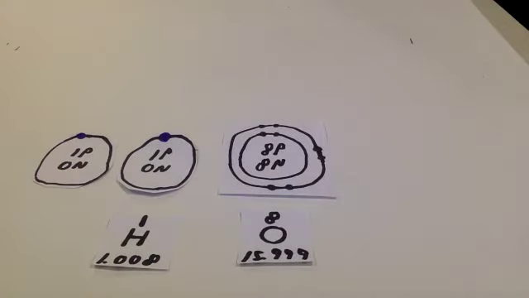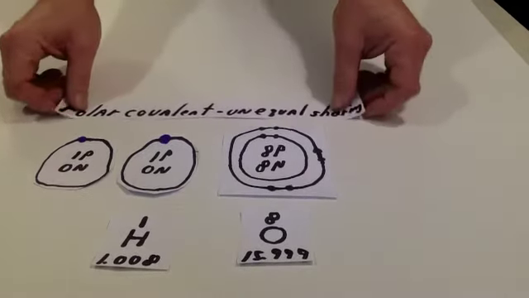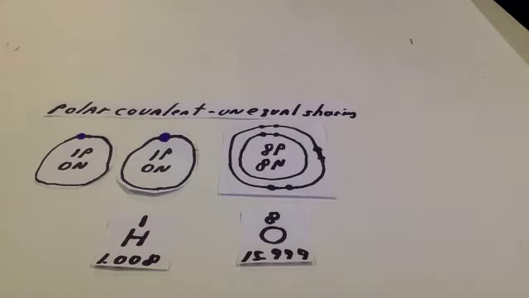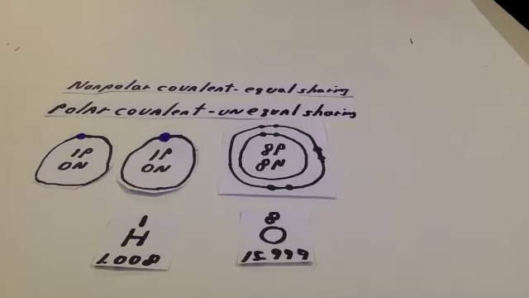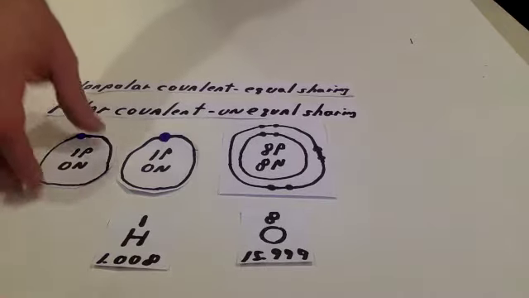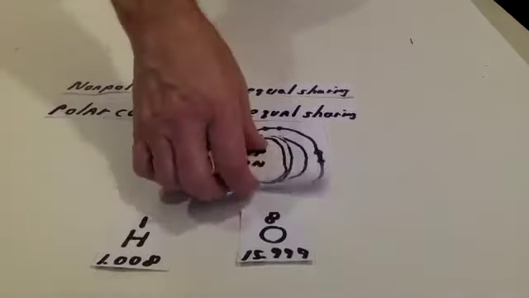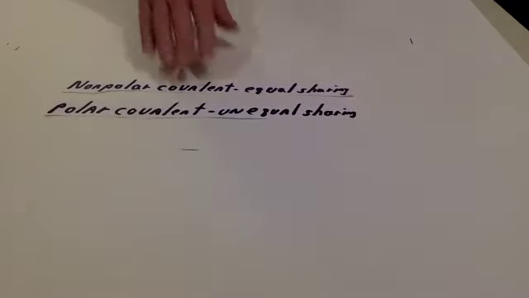Will it be a polar covalent bond, which is unequal sharing of electrons, or a non-polar covalent bond, equal sharing of electrons? Well, that depends on the electronegativity of the atom.